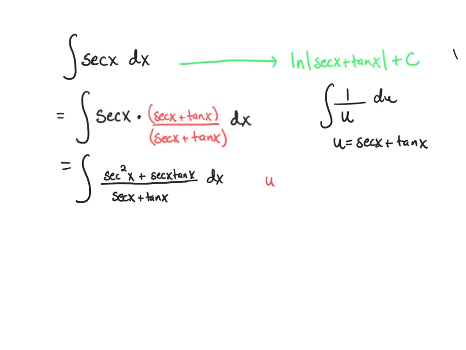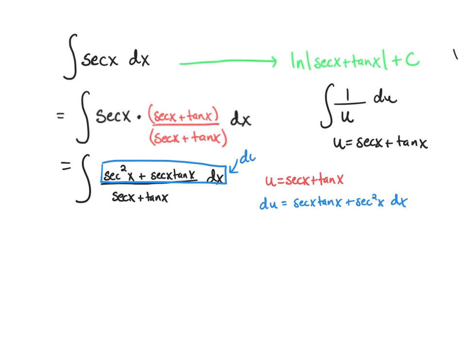Now if you look at this and you let your u be secant x plus tan x, then your du is secant x tan x plus secant squared x dx, which is exactly what I have up here in the numerator. So that is my du. And then right here is my u. And now you can see I have the integral of du over u, which is the natural log of the absolute value of u, where of course my u was secant x plus tangent of x.